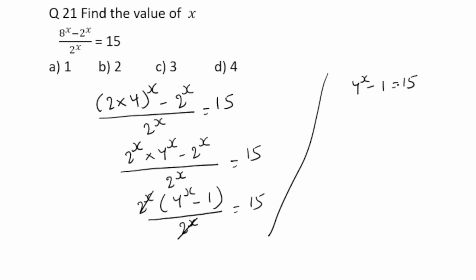When this negative 1 moves to right side, it's gonna be positive. 4 to the power x equals 1 plus 15. 4 to the power x equals 16. We can write 16 as 4 square. Now we have same base. If base are same, power should be equal. That means x equals 2.